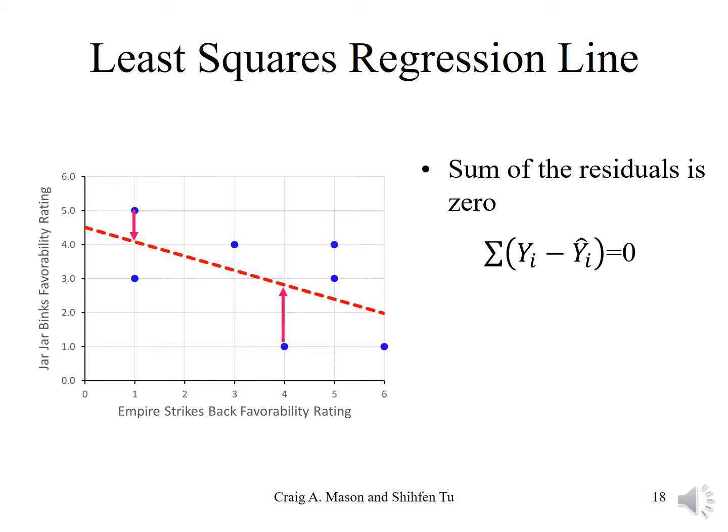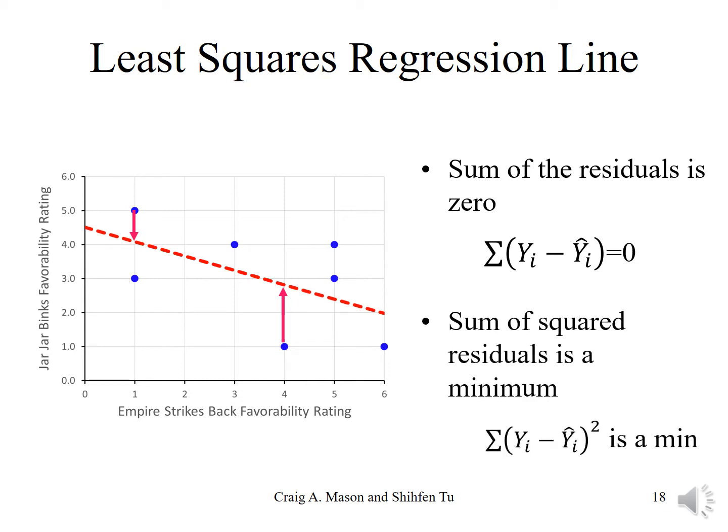The positive and negative deviations ultimately cancel out, whether we're talking about deviations around the mean or deviations around the regression line. Similarly, remember that the sum of the squared deviations around the mean is a minimum. Deviations from any value except the mean will always result in a larger sum. That same principle also applies to our regression line as well.